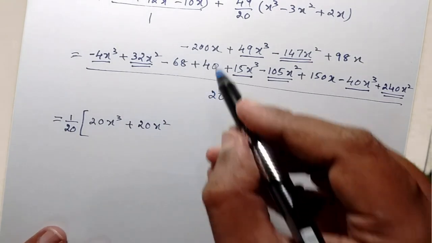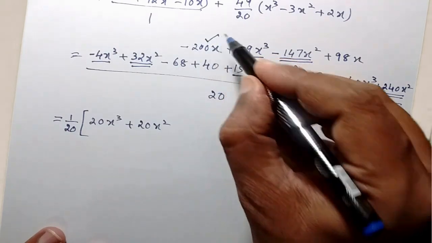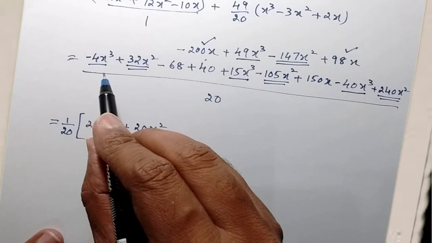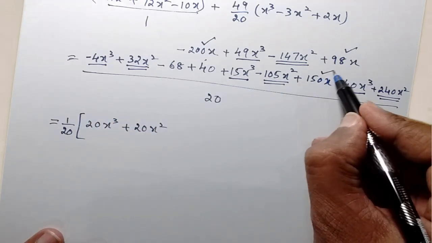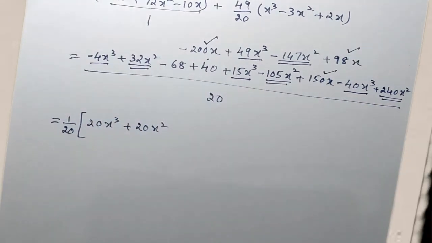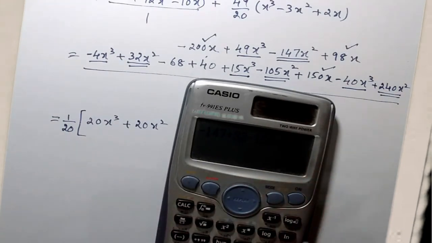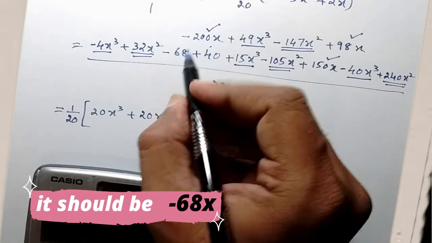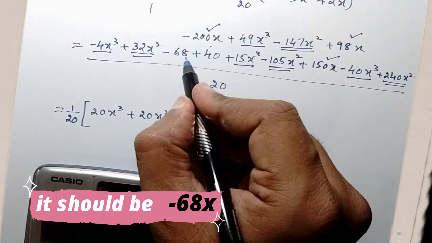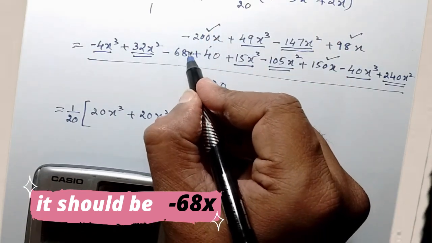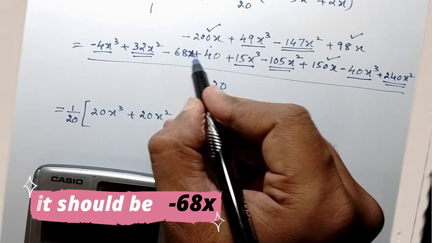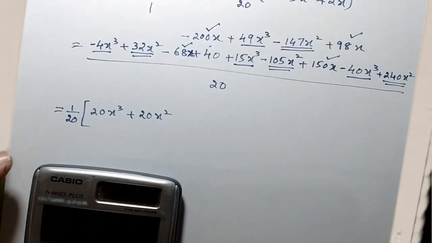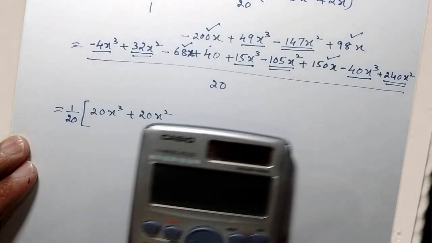Now coming to the x terms, it is minus 200 x here, plus 98 x here, plus 150 x. These are the terms. Once again, you can use the calculator. Here it is minus 68. 17 times of 4 is minus 68 x. We have missed out this x here, so minus 68 x. This term will also be included. So now we just try to add it.